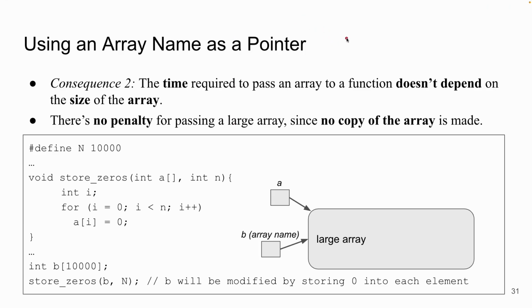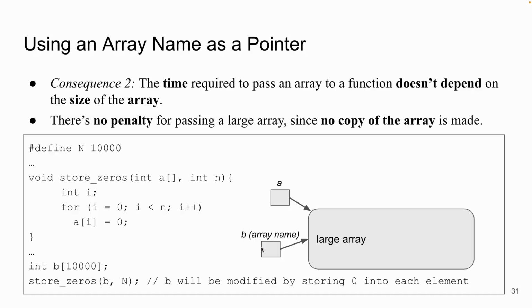The second consequence, we actually already talked about. Why does C have this kind of design, where we pass the name of the array to the function? What is the benefit of it? The benefit is that the time required to pass an array to the function doesn't depend on the size of the array, because what we pass to the function is not the array itself, it's just the address of the first element of the array.